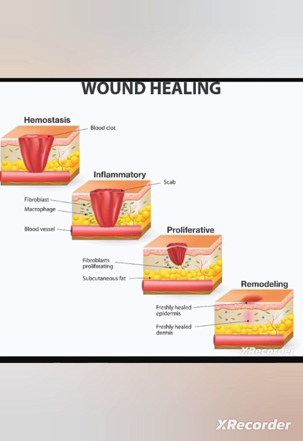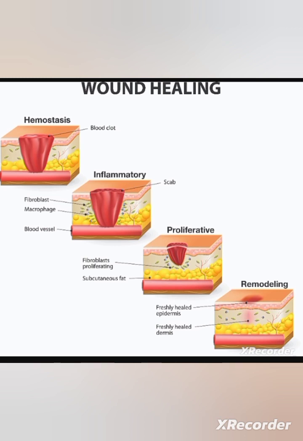Here it is the phase of rebuilding of new tissue made up of collagen and extracellular matrix. So collagen will be there and extracellular matrix will be present. Here there will be formation of granulation tissue that becomes pink to red moist tissue.